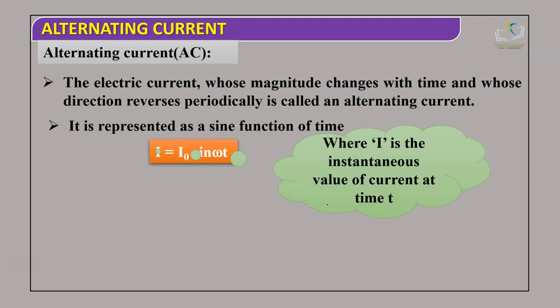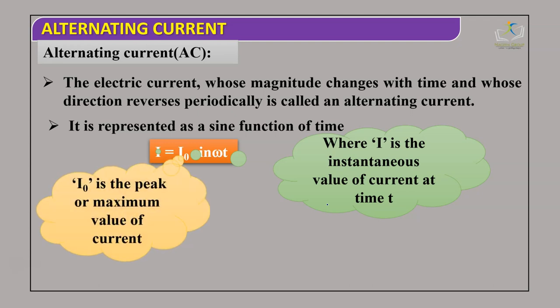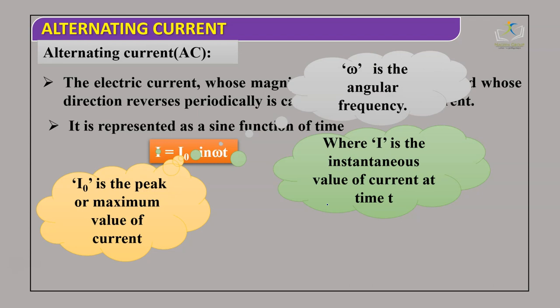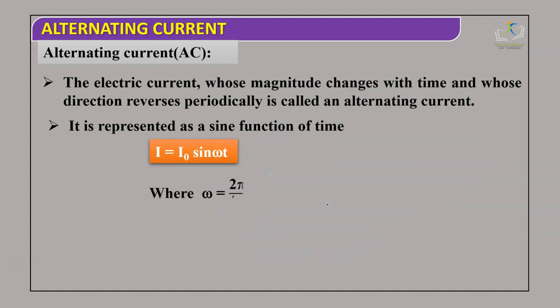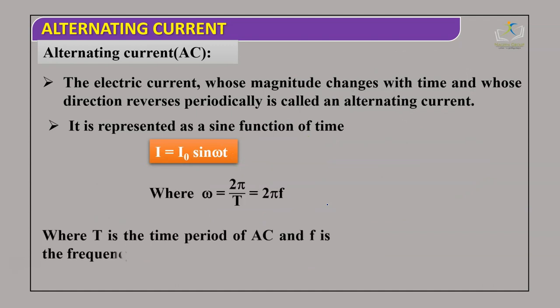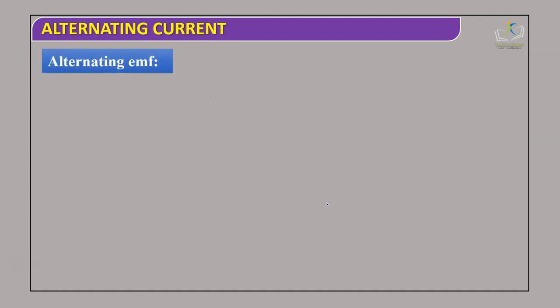I = I naught sine omega t, where I is the instantaneous value of the current at time t, I naught is the peak or maximum value of the current, omega is the angular frequency, and omega t is the phase of I. We can calculate omega as 2 pi f, or 2 pi over T, where T is the time period of the AC and f is the frequency of the AC.